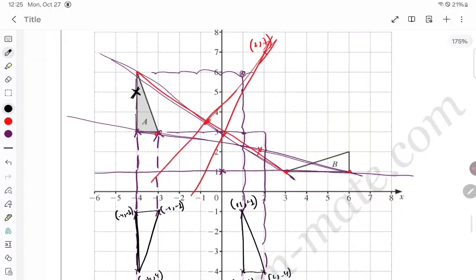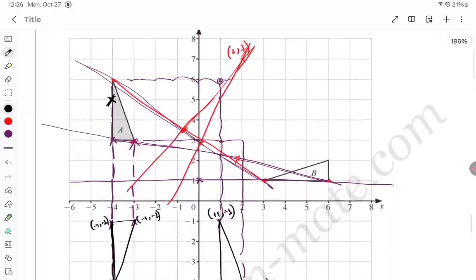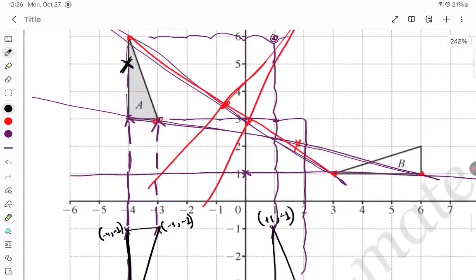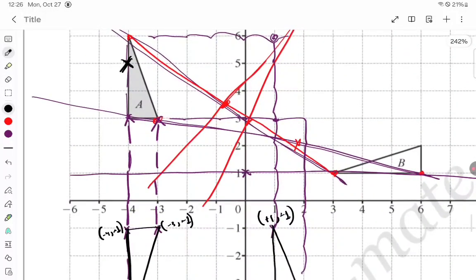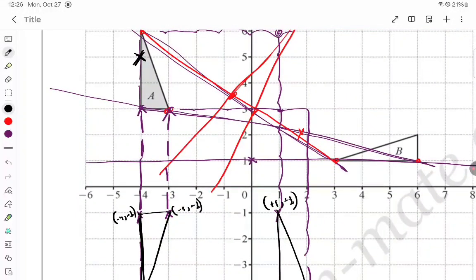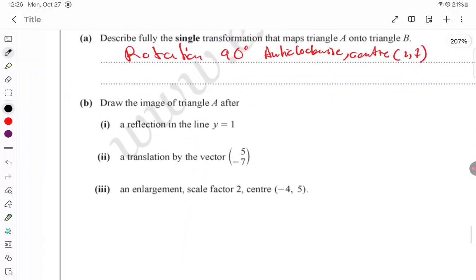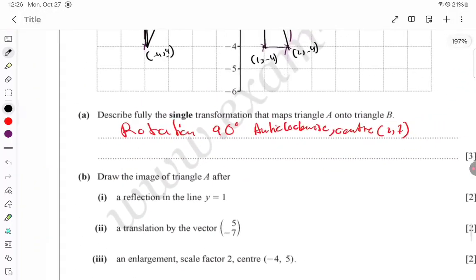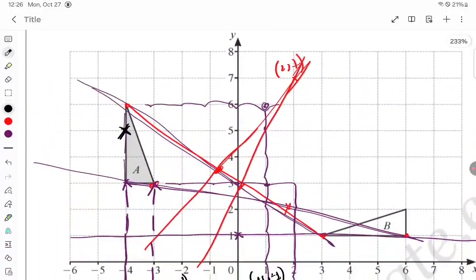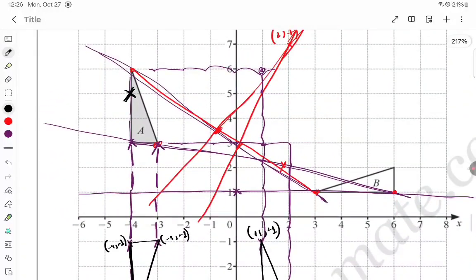We mark the center, and for the enlargement of A, first mark the coordinates of A. For A, the points are: calculate from the center, point 1, so it will become 0, 1.